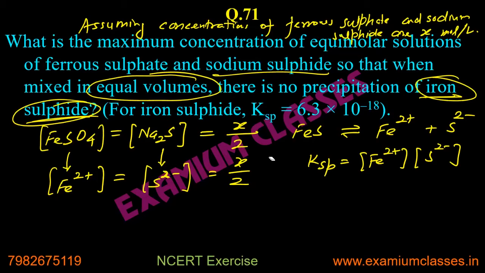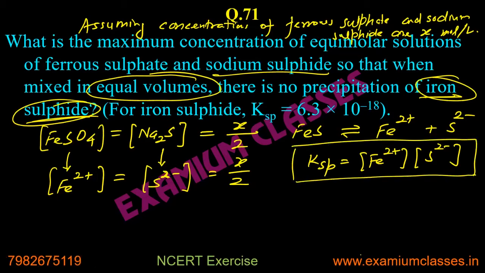So substitute the values in this equation. Ksp is given as 6.3 into 10 to the power minus 18, equals x by 2 multiplied by x by 2.